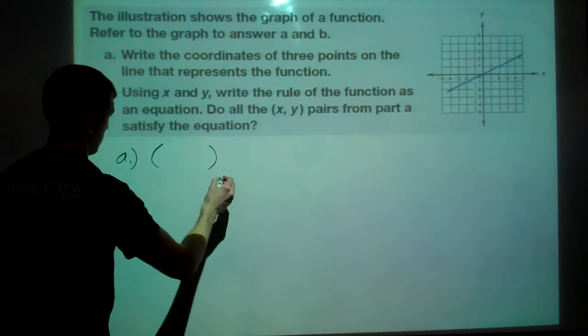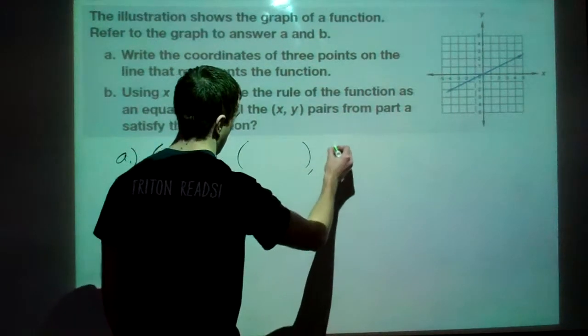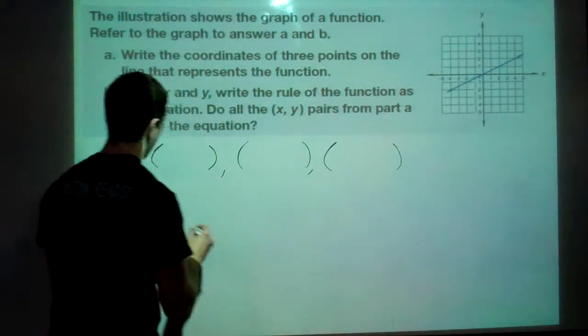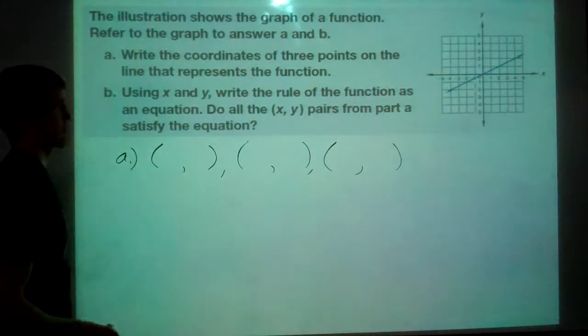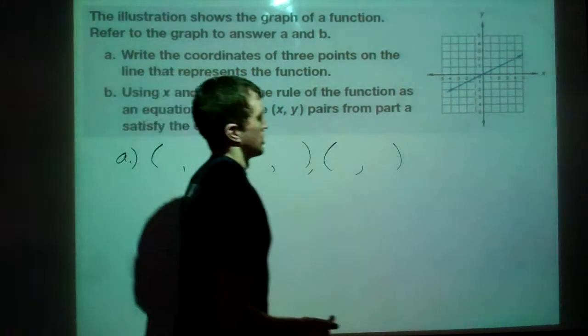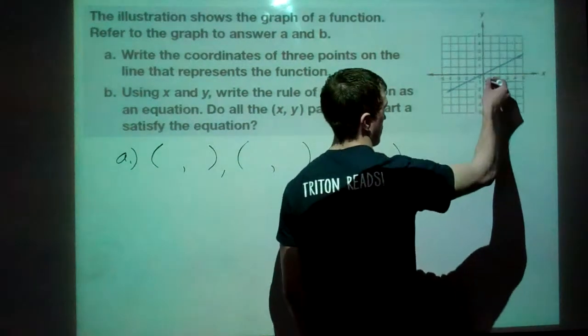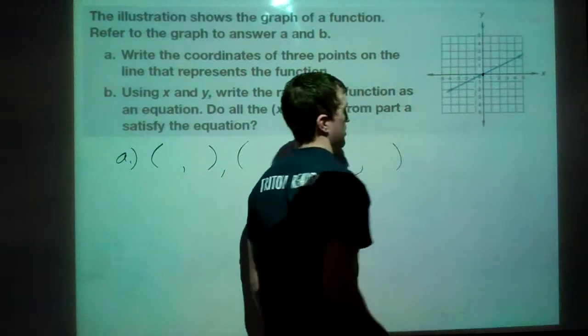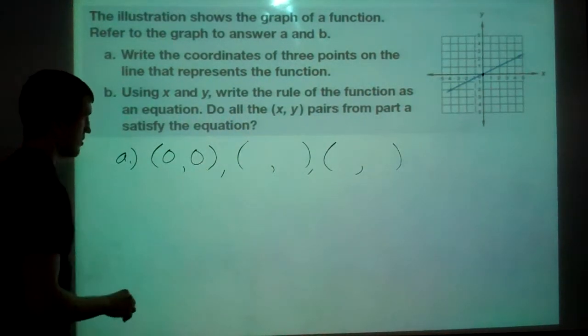So, points. Alright. So we want to name points that we know are for sure on this line. Looks like it goes through the origin. Right there. That's our 0, 0. Okay, so there's 1 point.